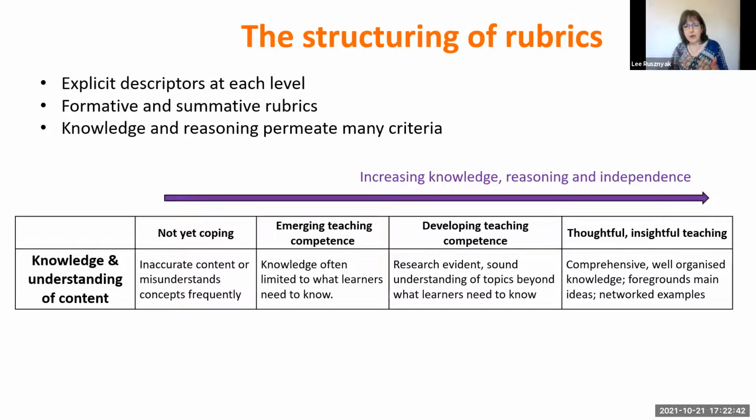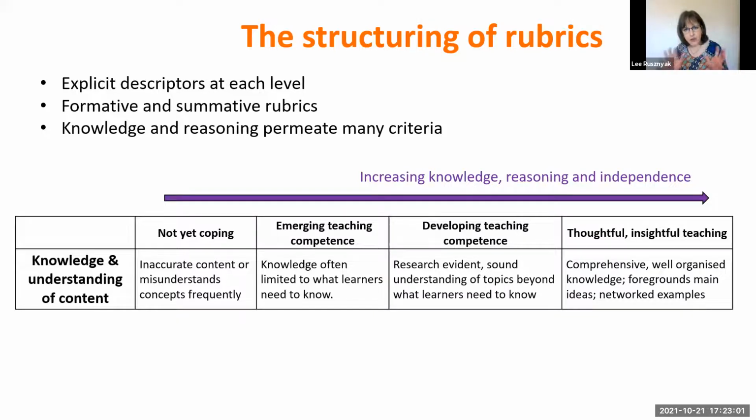In one example, the students are working with the same rubric from their first year to their final year. In another example, and that's the Swedish, they get taken on a continuum at different points in their teacher education.